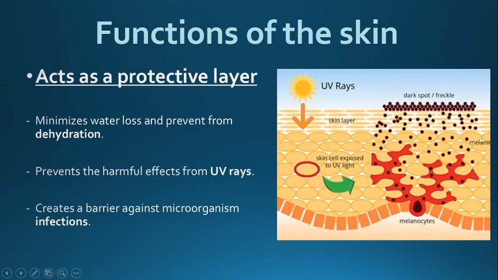These dark spots act as a barrier between sunlight and the skin. Here. So, it reduces the effect of UV rays on the skin. That is why the people who are living in the countries near the equator have dark skin.